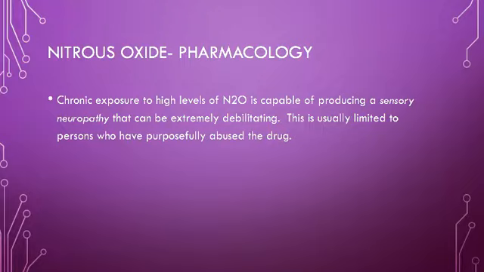Now, chronic exposure to high levels of nitrous oxide is capable of producing a sensory neuropathy that can be extremely debilitating. This is usually limited to people who have purposefully abused the drug. Somebody who's constantly huffing nitrous oxide can actually damage some of the sensory inputs permanently, and it can really be debilitating.